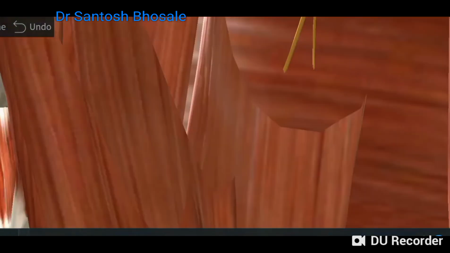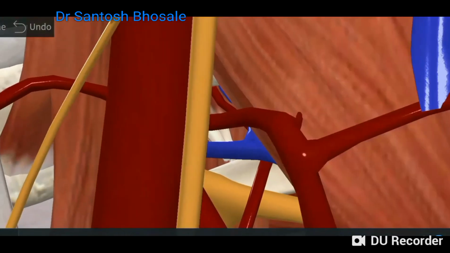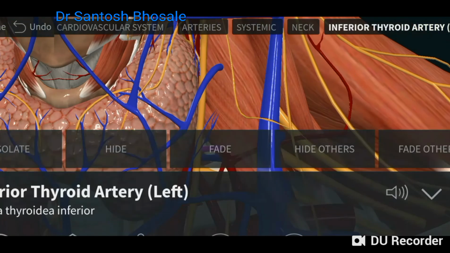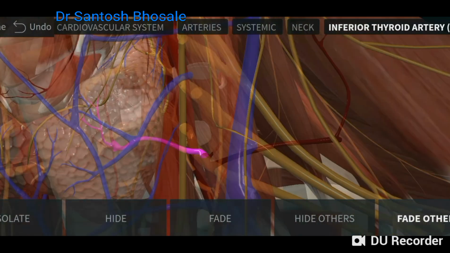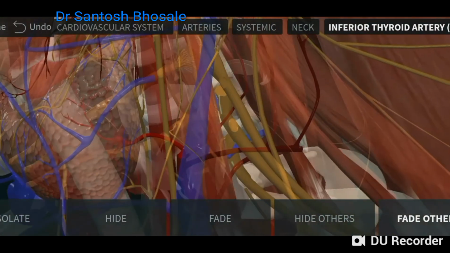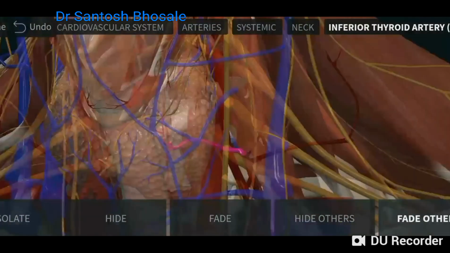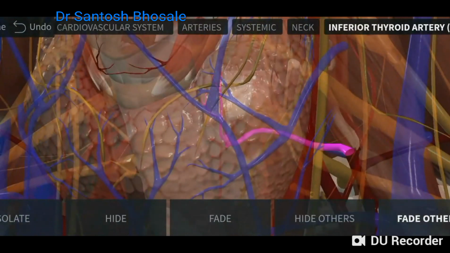Remember that inferior thyroid artery is a branch of thyrocervical trunk. It is a branch of first part of subclavian artery, and has a variant course. Usually it lies close with the recurrent laryngeal nerve. That's why this artery is tied away from the gland to prevent damage to recurrent laryngeal nerve. It doesn't have a fixed course.